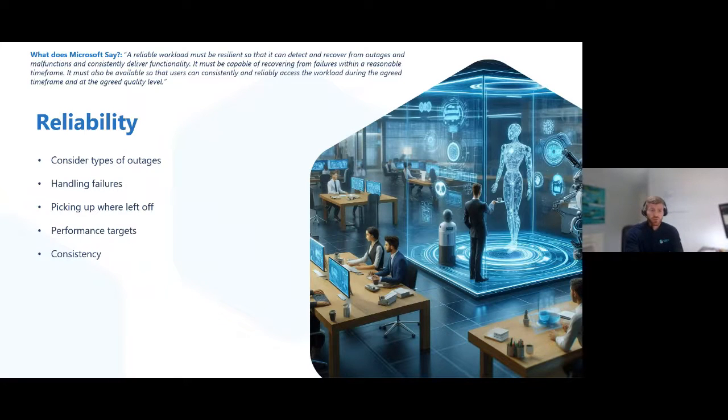You also want to make sure that a reliable system is also consistent, where the same inputs are always producing the same output. Therefore, you know that you're going to get a reliable outcome. In the scope of the Power Platform, what this could mean is creating queues for multi-stage approval processes, such that if one part of the process fails, maybe your Power Automate fails at a specific stage, it knows what stage to pick it up from, so it doesn't have to restart that entire multi-stage approval process.